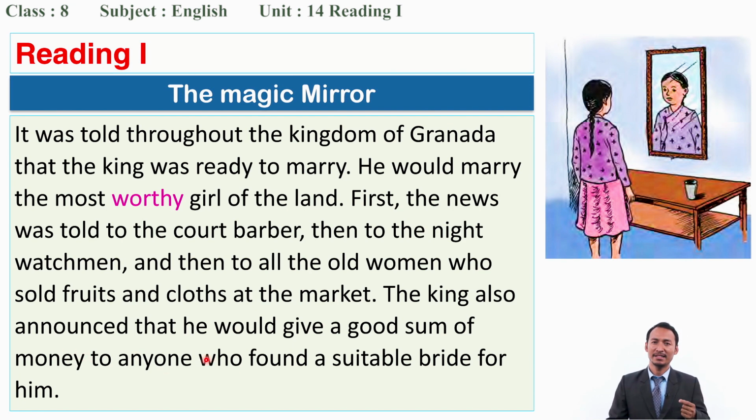He announced that prize for anyone who found a suitable bride for him. Okay? जसले suitable bride find गर्न सक्छ, he or she would get a good amount of money. That was announced by the king.